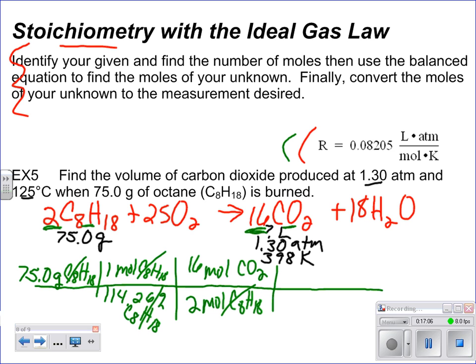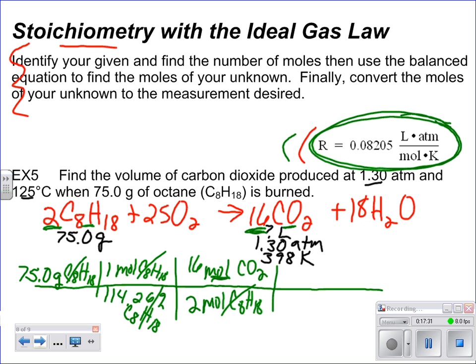What do you think we should think about now? Our gas constant. So here it is, and meanwhile the only unit I have is moles of carbon dioxide. Everything else canceled, so all we have is moles of carbon dioxide in the numerator. When I plug this in, how do I want to do it? As is or flip it? As it is.